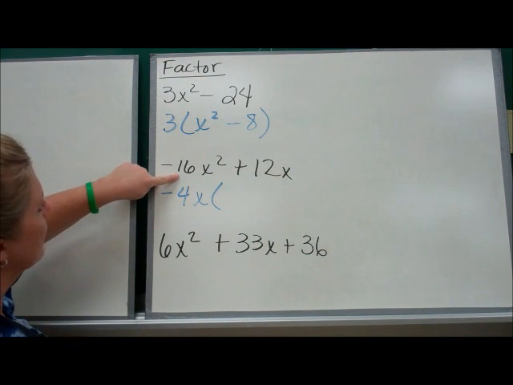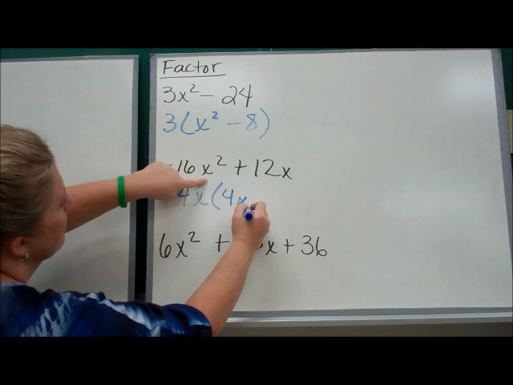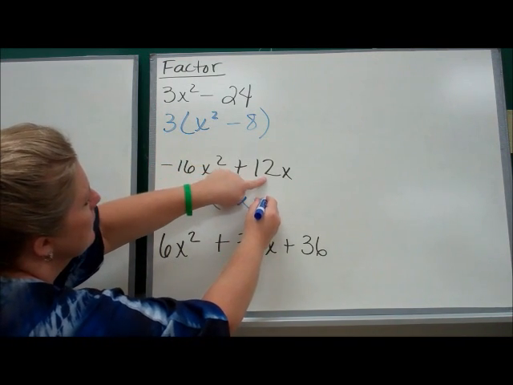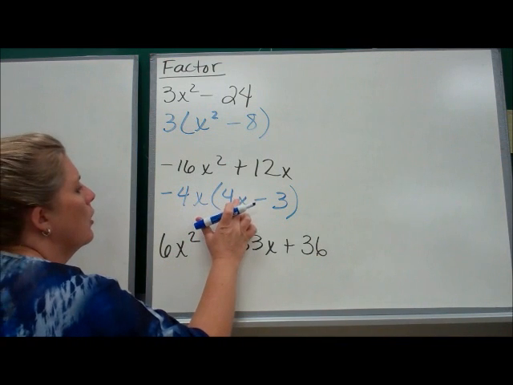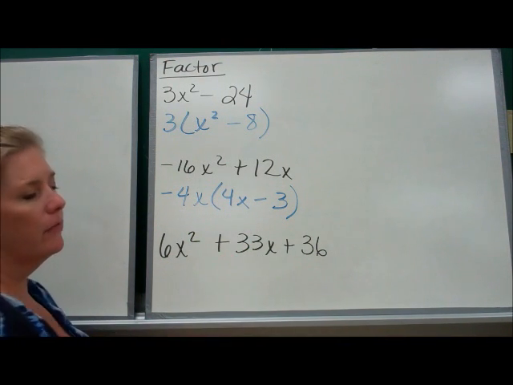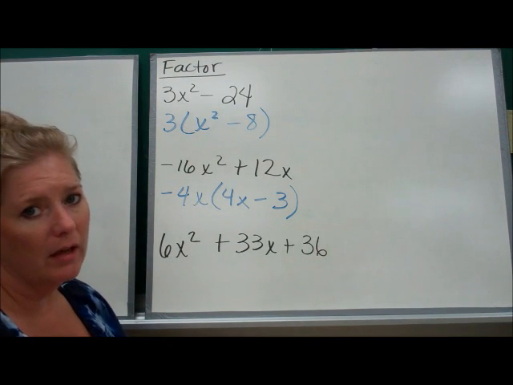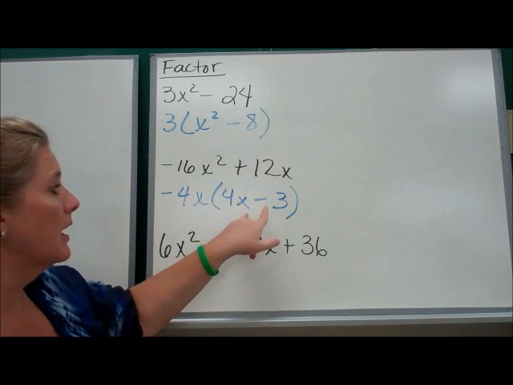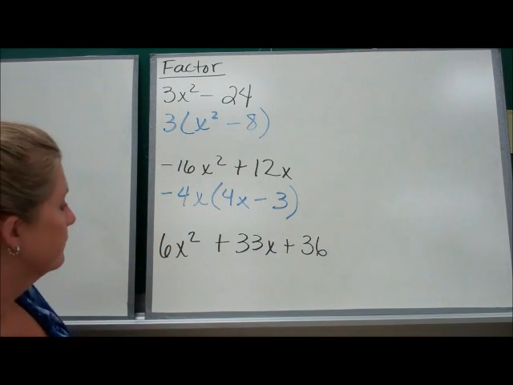When we divide negative 16 by negative 4, that's going to leave us with positive 4x, and then minus 3. If you don't remember to factor out the negative, that's okay, but it'll help sometimes because sometimes you might end up with the difference of two perfect squares if you factor out a negative.